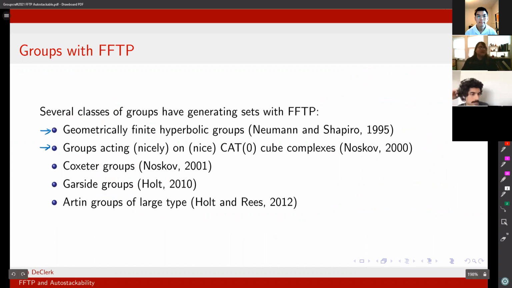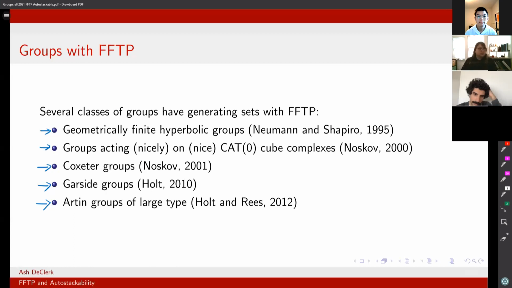Noskov showed that groups acting nicely on nice CAT(0) cube complexes, and also Coxeter groups have FFTP for certain generating sets. Holt got Garside groups, and Holt and Rees got Artin groups of large type. So lots of these classes of groups that we're really interested in that are really useful, really nice to study. They have FFTP for some generating set, though not necessarily all generating sets.